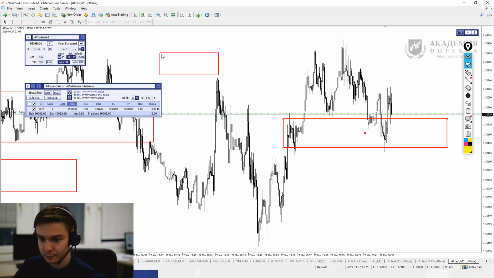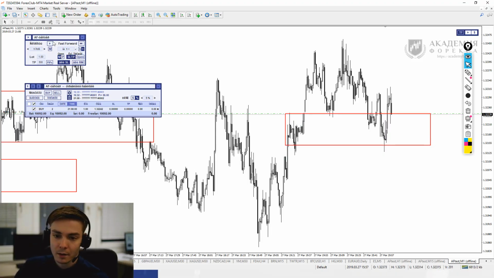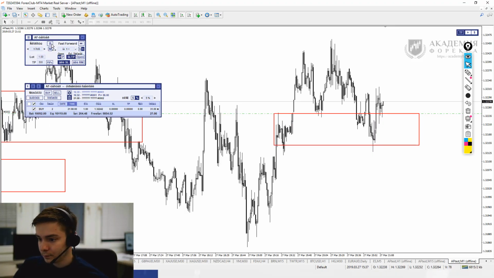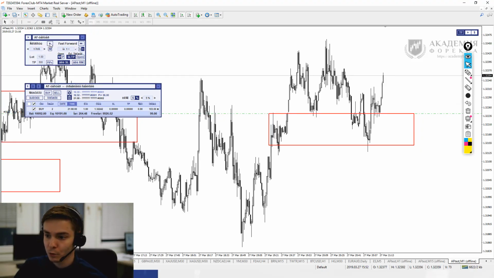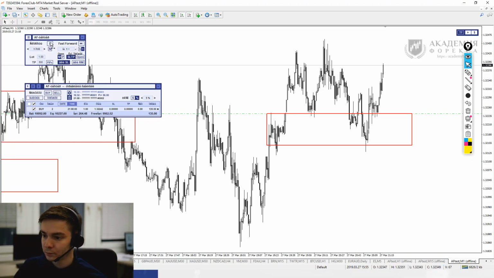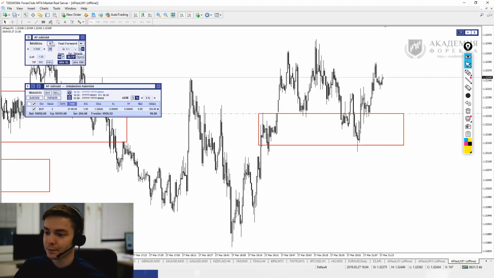Okay, I just delete my rectangle and put it here again. Okay, the market is moving to my first take profit. I think it's really a good time to close the trade.